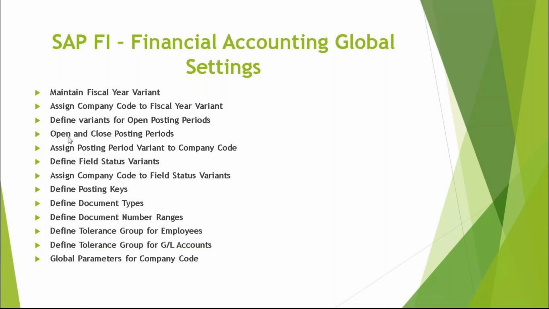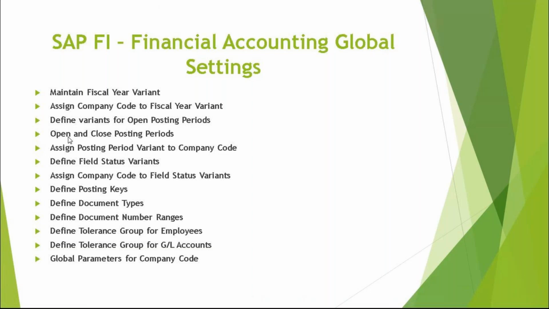Now we have the field status variant. What do you mean by field status variant? It is nothing but the field. For example, I do asset management. All the asset-related management should be under the asset level only, the fixed asset level. So either you do depreciation, or in asset management, what all things might we do? We bring the asset to the company, or you do the depreciation, or the appreciation, or you sell the asset to someone.